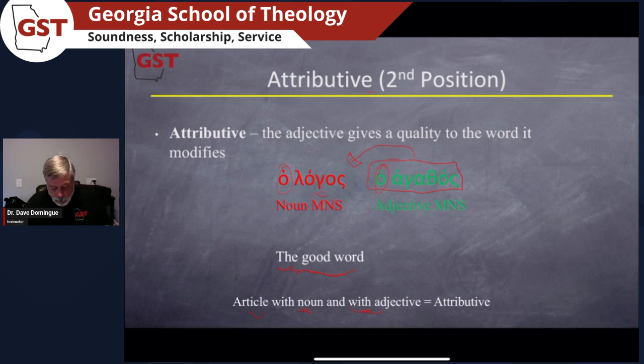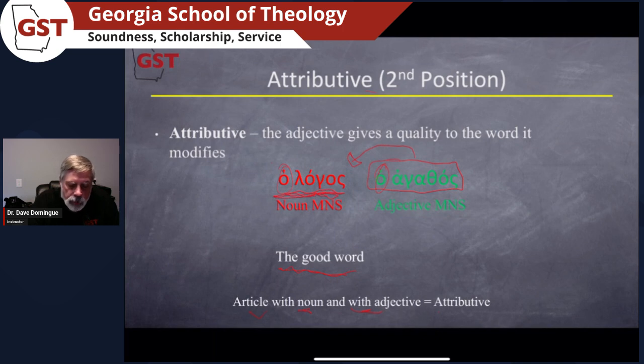Well, let me think. Actually, look on page 83. Yeah, the order does matter. That's what I was thinking. So the order matters.